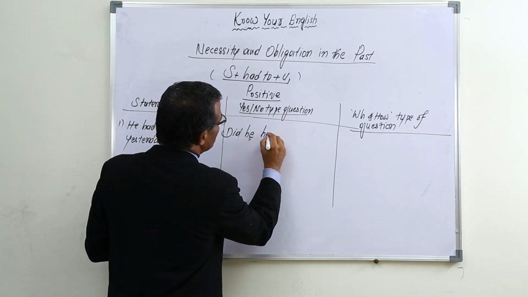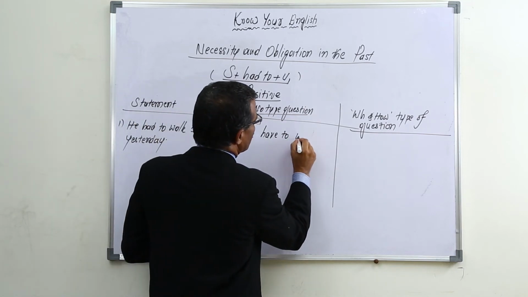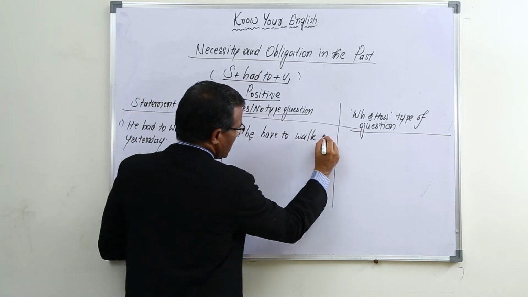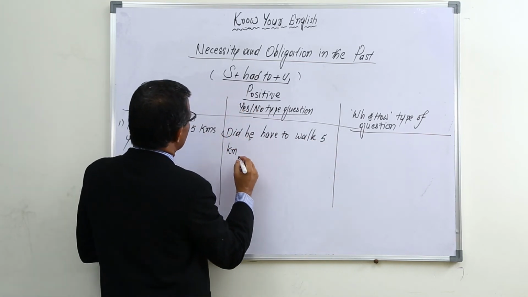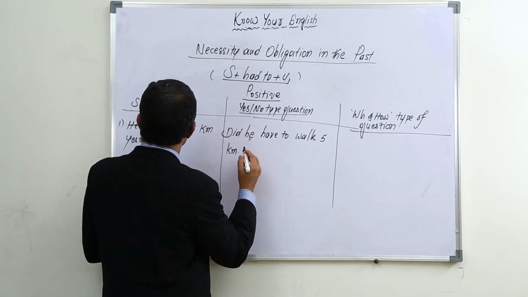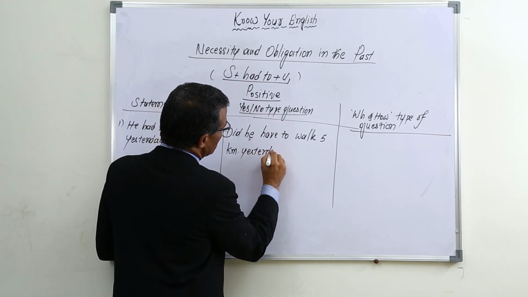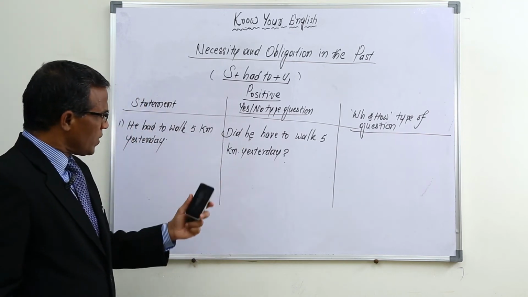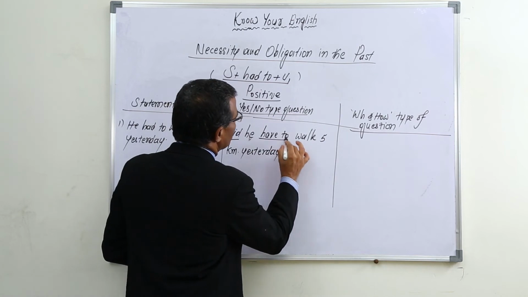Did he have to walk 5 kilometers yesterday? So we have to take helping verbs did and have to.